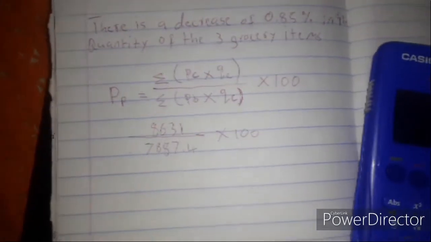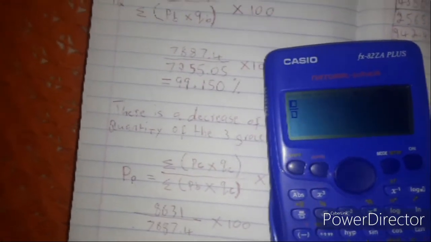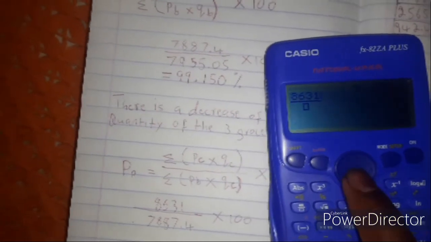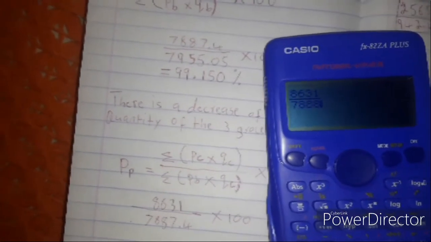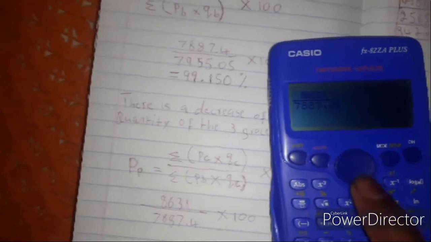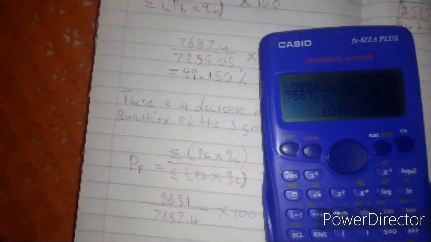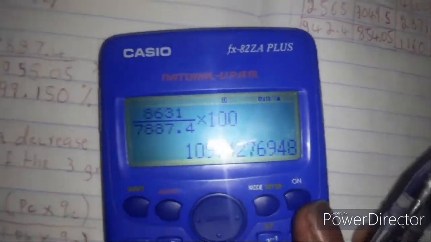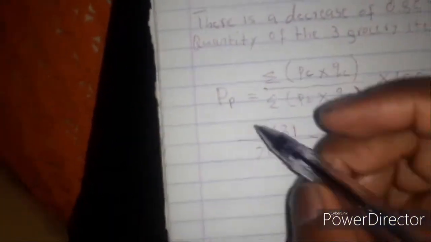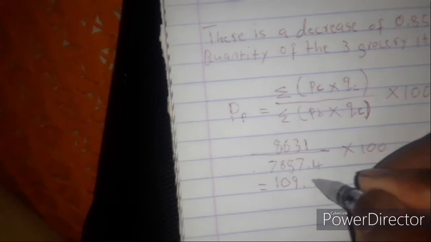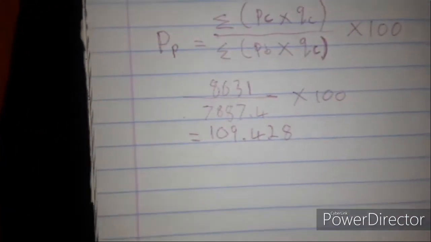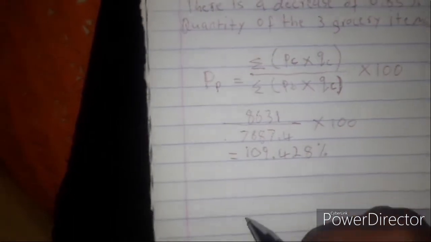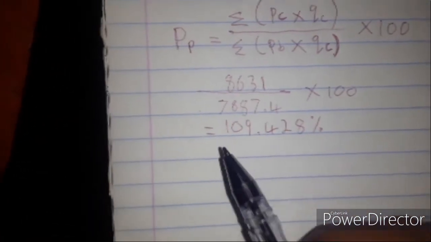So the past price index is 8,631 over 7,887.4 times 100. So the answer is 109.428%. So this one is over 100, which means there is an increase.